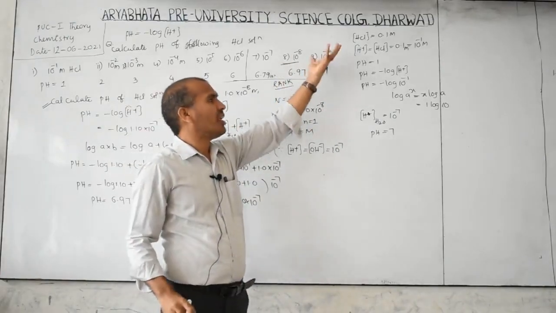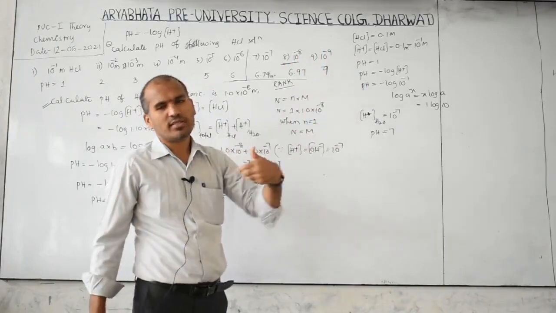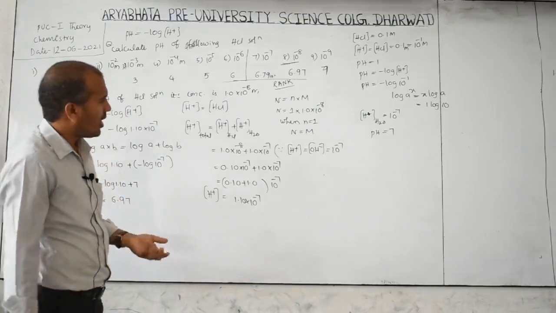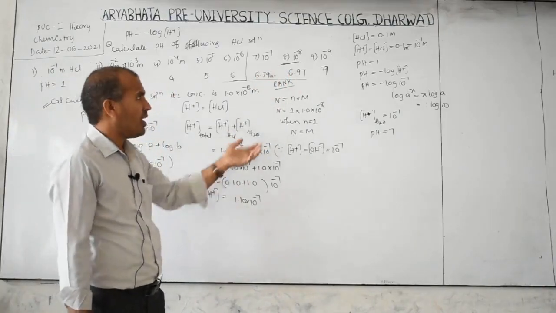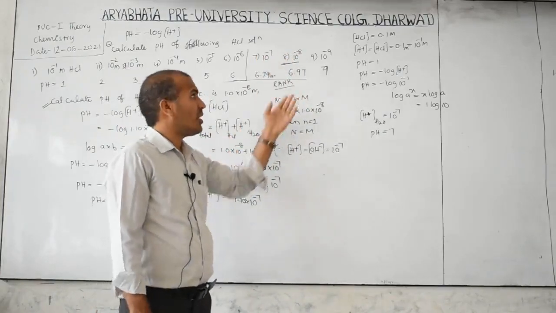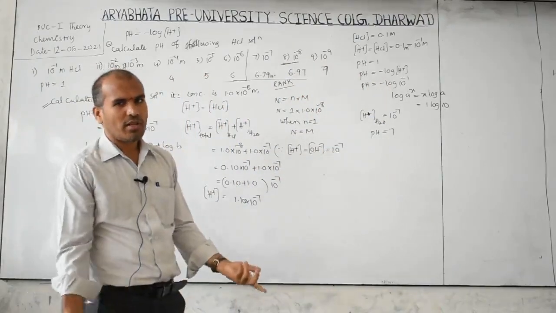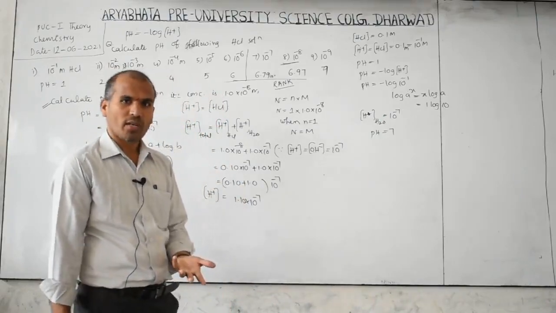And for 10 power minus 9 and the next, 10, the answer is 7 only, because the solution is very dilute. Up to here we consider H plus ions from the acid, but from here onwards, very dilute means the HCl concentration is very negligible. When it is negligible, the total concentration belongs to water only.